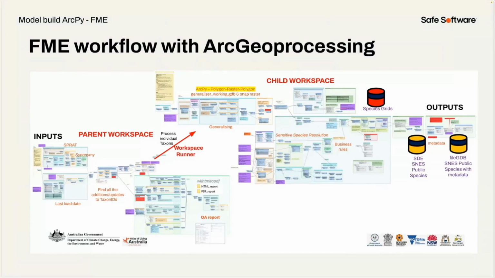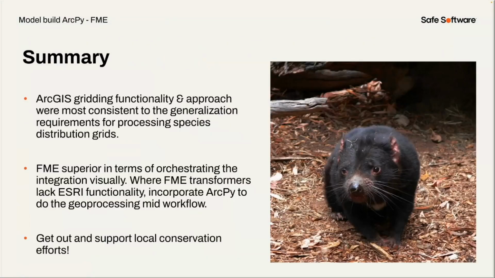In summary, the ArcPy and Esri gridding functionality was the most consistent for the generalization requirements. It produced the right grids, in a similar way to how they had always been created. Although FME proved pretty superior in terms of orchestrating the integration, it's very visual. And where FME lacks some of the Esri functionality, you can always incorporate ArcPy to do the geoprocessing mid workflow.